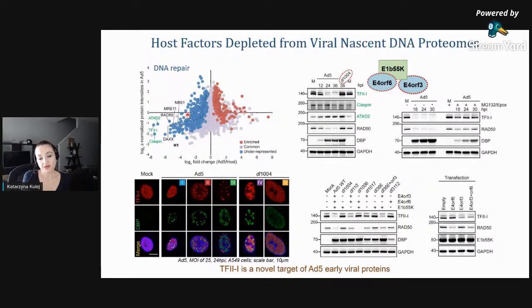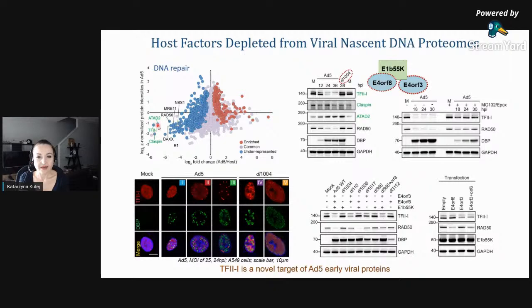As a control for the proteins which are depleted, we labeled the proteins which belong to the MRN complex. The MRN complex is related exactly to DNA repair, double-stranded DNA repair, and this is our positive control. We know that these proteins are the targets of the E3 ubiquitin ligase complex of adenovirus. And indeed, they are depleted.